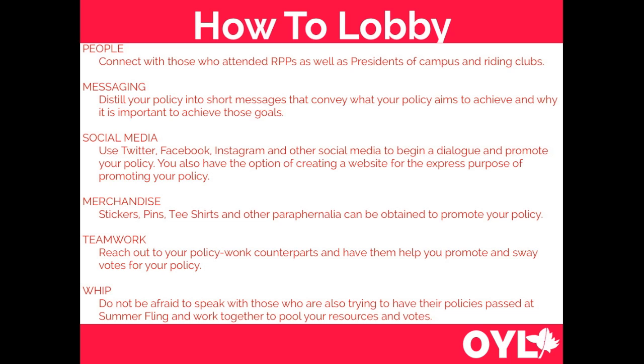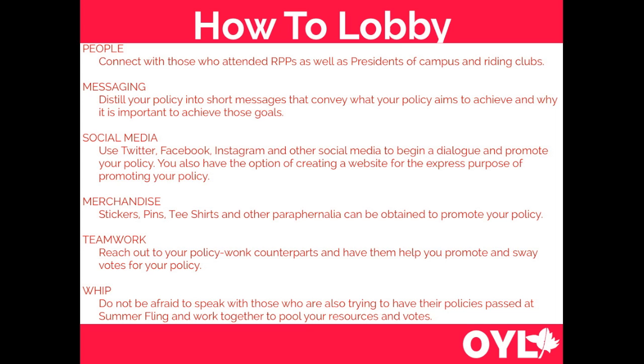Okay, so on to social media. Using applications such as Twitter, Facebook, Instagram, and other social media, you can begin a dialogue about your policy. What you'll want to do is utilize the messaging that you've put together and post and discuss using that key messaging on Twitter and Facebook and other social media avenues to ignite this dialogue and promote it.